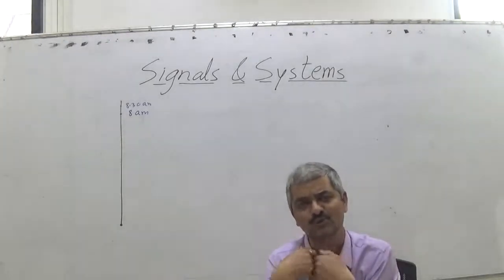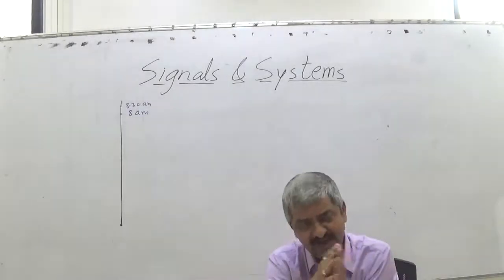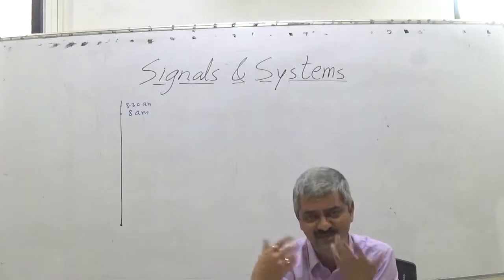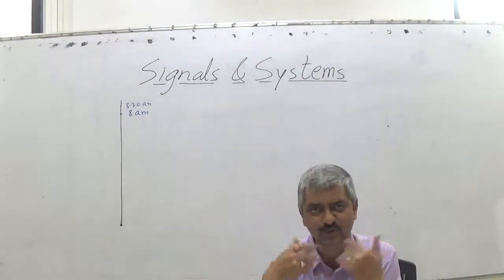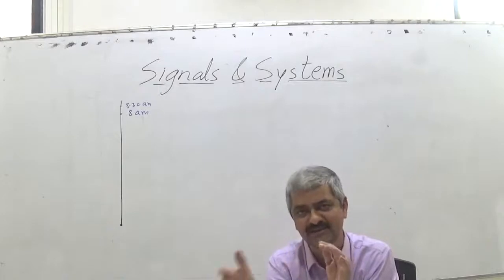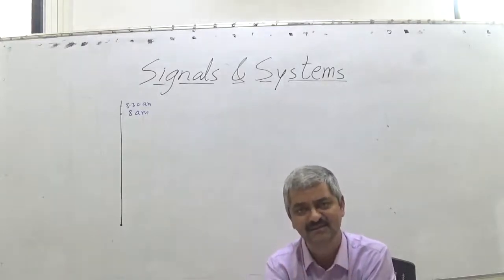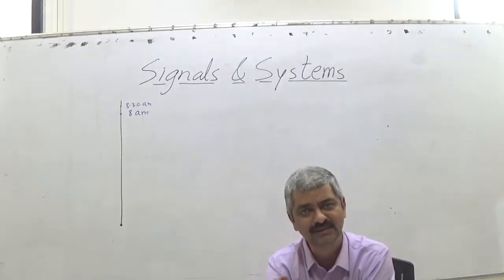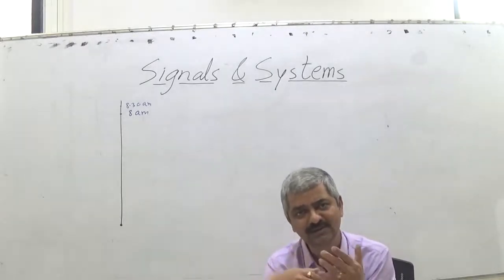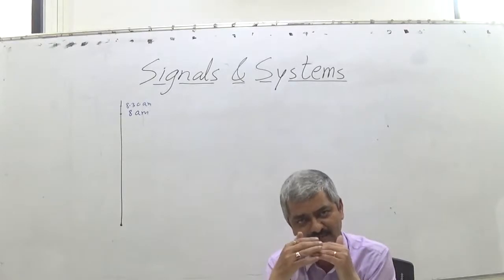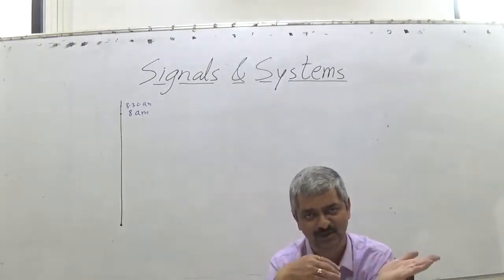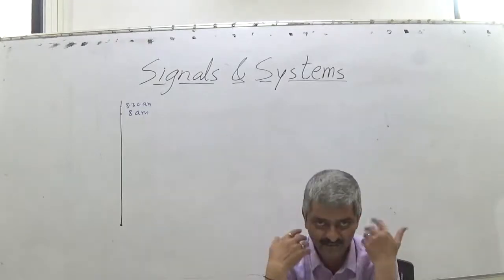Now memory is so huge and ADCs are so easily available that losing something is out of the question. So that is stored as a digital sequence, and that digital sequence is taken by a computer, worked on, converted into another digital sequence, that is fed to a digital to analog converter, and I hear the sound back.